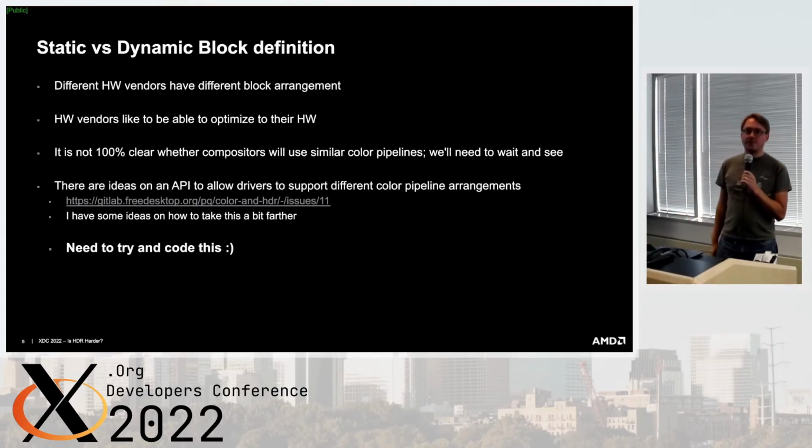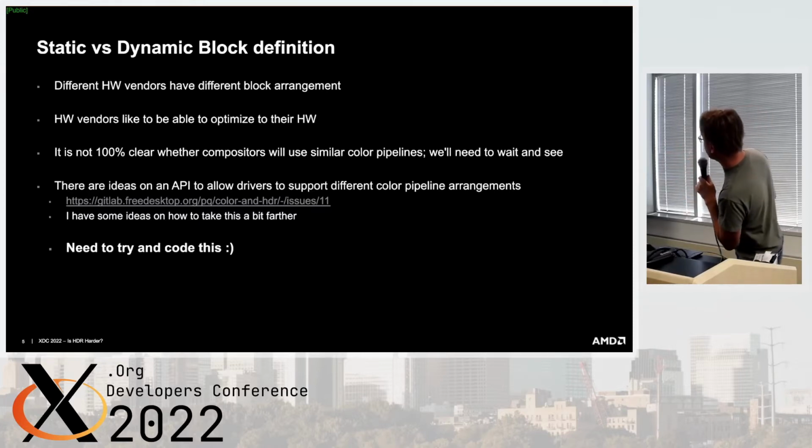Static versus dynamic block definition. Hardware might look different, and currently in KMS, you have the color processing block sort of statically documented: this comes after this. Do we want to keep it static? Do we need to make this dynamic?